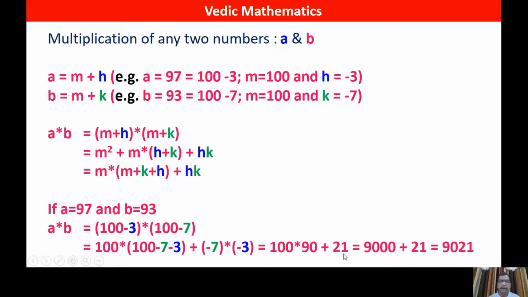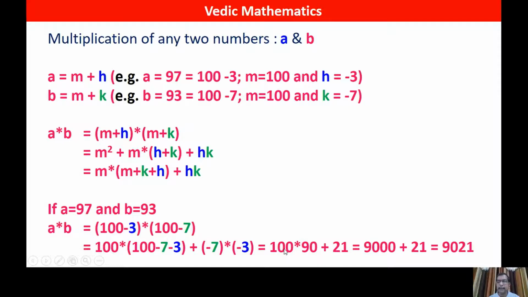So 90 is the number coming from this expression and multiplied by 100. That means 90 will be at the hundreds position, and this 21 is added.